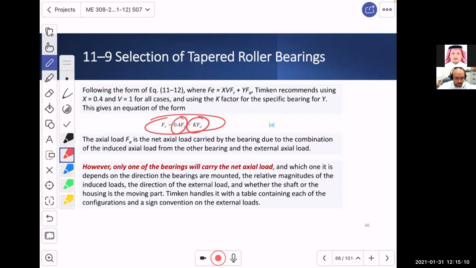Why am I making a big deal of it? Well, because the other bearing will only have radial load. That's funny, right? So even the thrust load generated by the bearing on the right will go to bearing A, and bearing B will feel only radial load. That's what we are assuming. You got that? Okay.